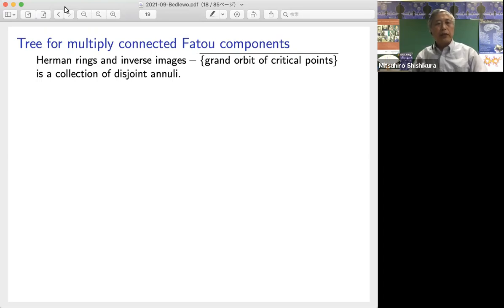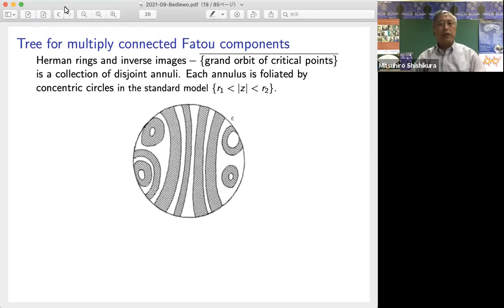So you get a finite collection of disjoint annuli. And when you take inverse images, if you avoid the critical orbit, you have a covering. So each connected component, again, you get disjoint annuli. So at the end, what you get will be something like this. And these annuli are isomorphic to the standard annulus model, the concentric one.